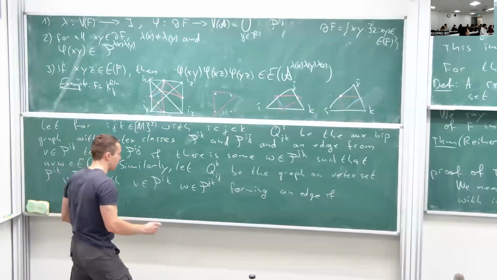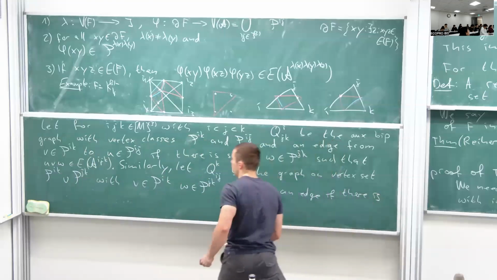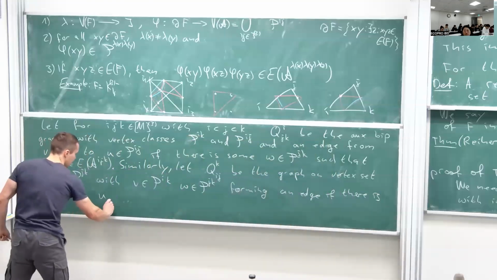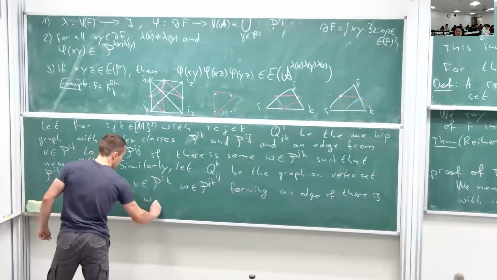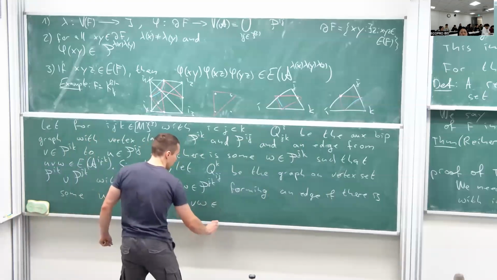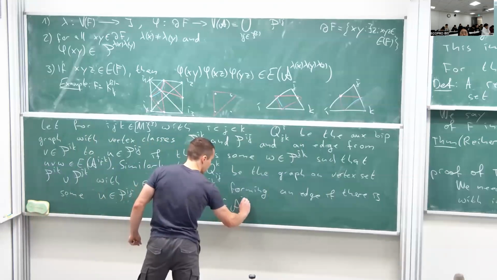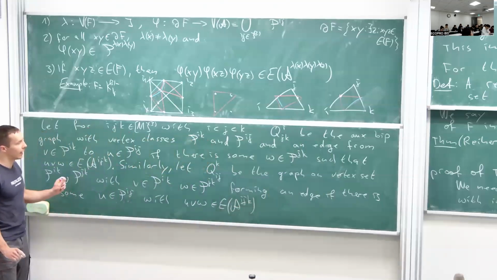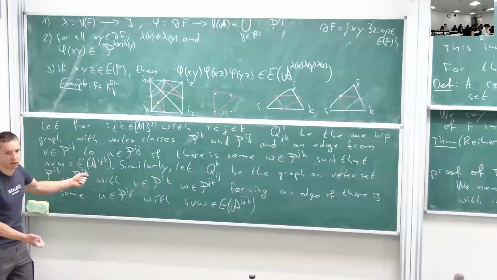So yeah, if there is some U in EIJ with UVW being an edge in AIJ. Okay, so the words here might seem complicated, but it's not really complicated.